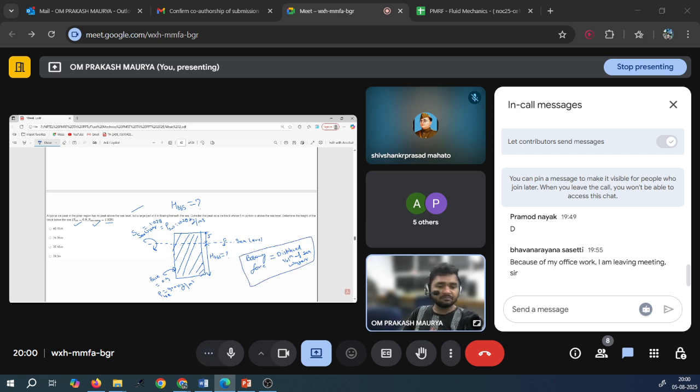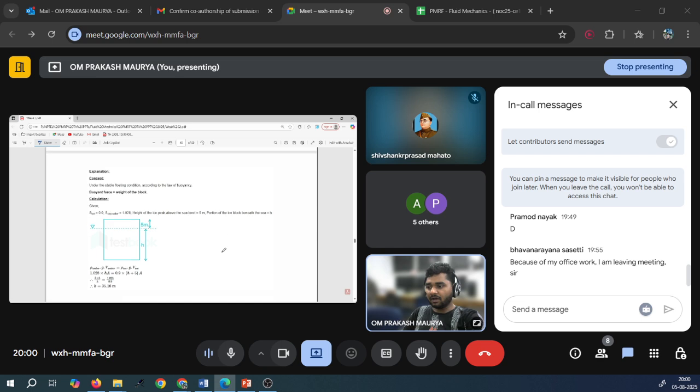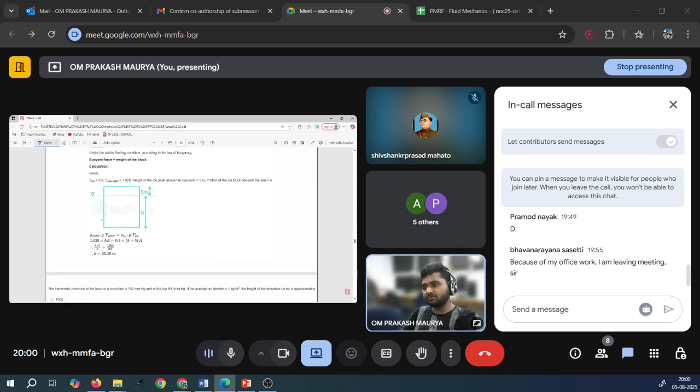So this is the concept. Now, your buoyancy force is equal to the weight of the block, or you can say the volume that is displaced.